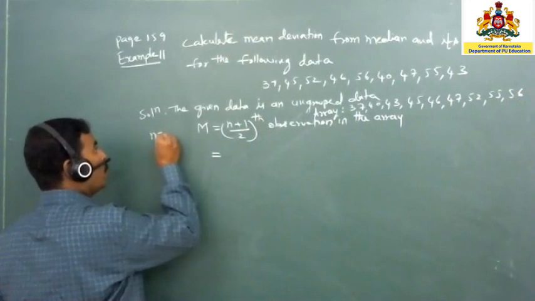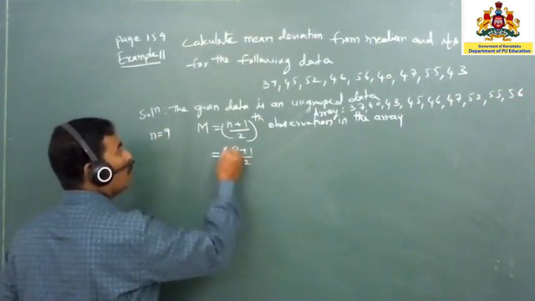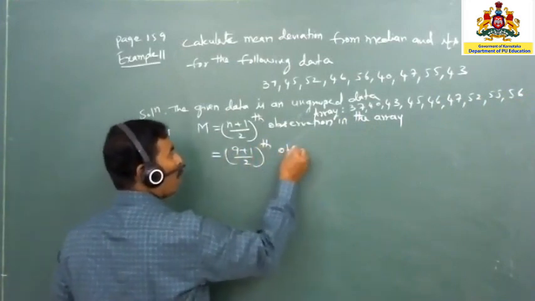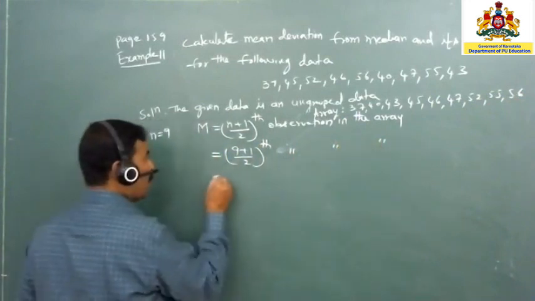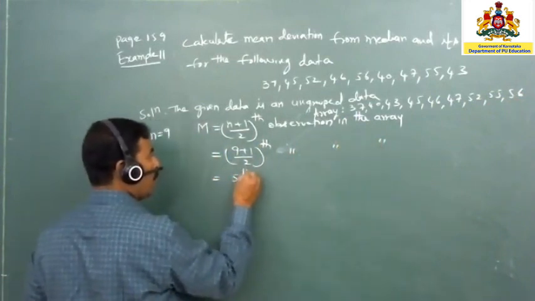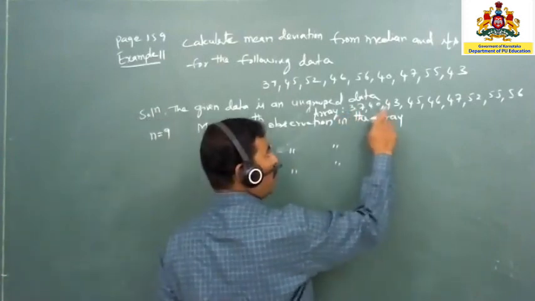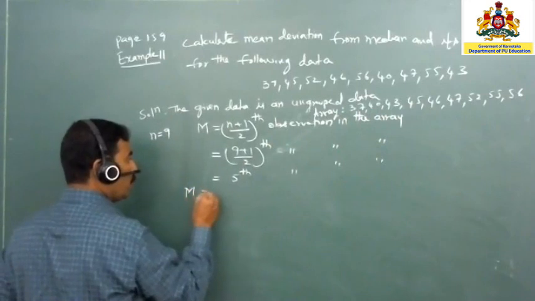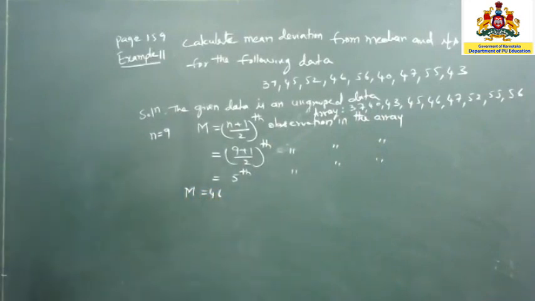N equals 10, so 10 plus 1 by 2, the 5.5th observation in the array. Now see the array: first, second, third, fourth, fifth. So median M equals 46.